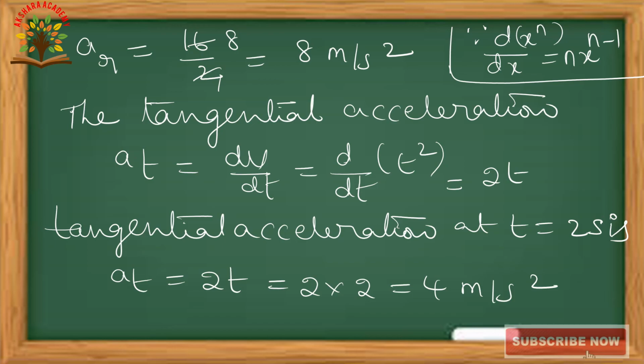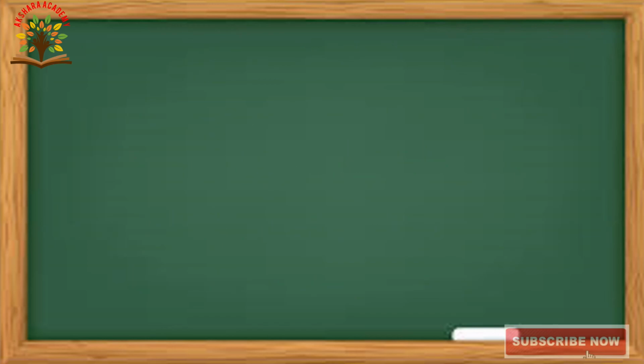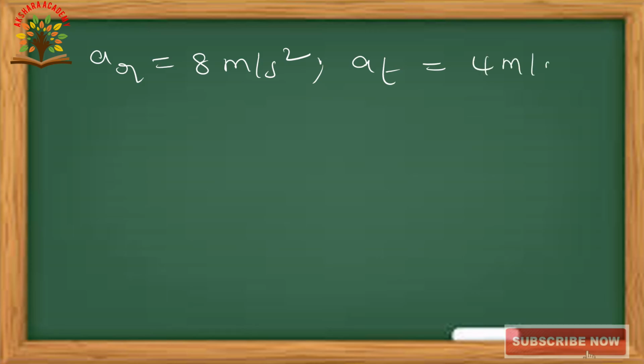Now next we are finding the net acceleration of the particle. First AR is equal to 8 meters per second square and AT is equal to 4 meters per second square. By using these two values we have to calculate the net acceleration.